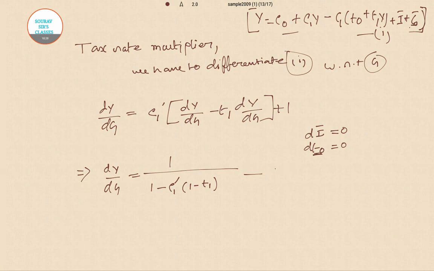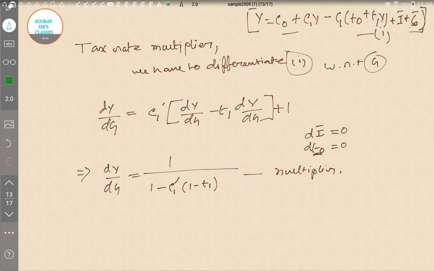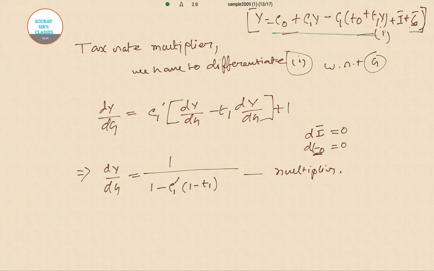So this is basically the multiplier. How did we do it? As you can see, this was the equation, and we have to differentiate it with respect to g.